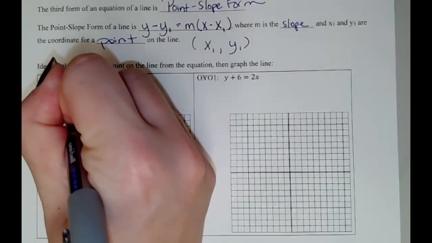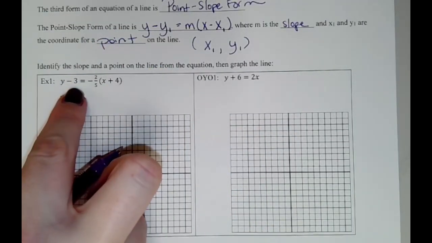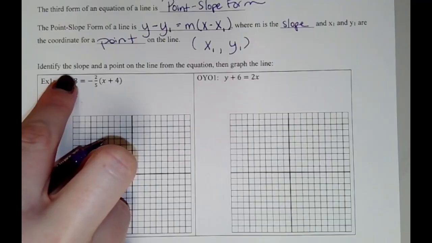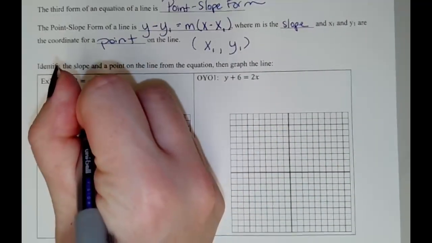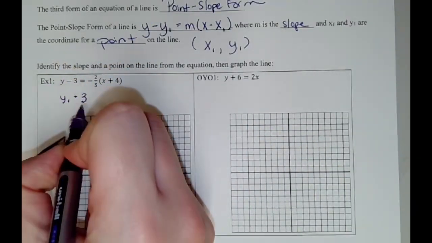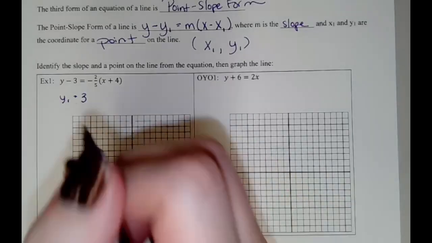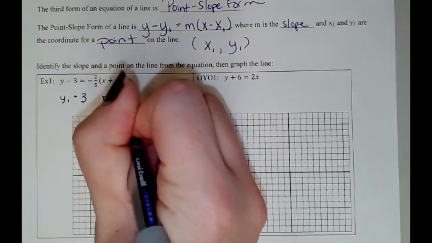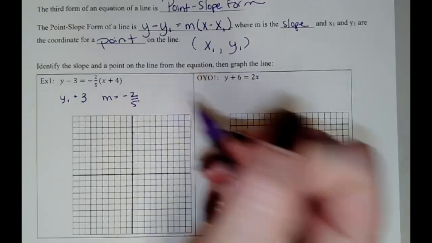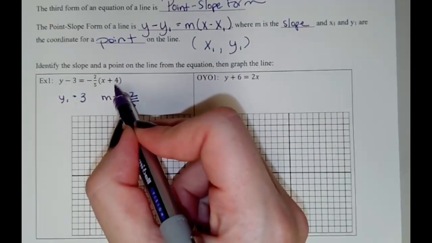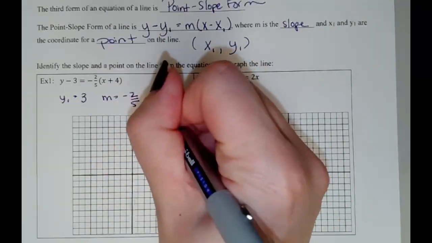For this one, it's y minus, you're subtracting a positive 3. Y minus 3, so y1 is 3, equals m, so our m is negative 2/5, x minus x1.